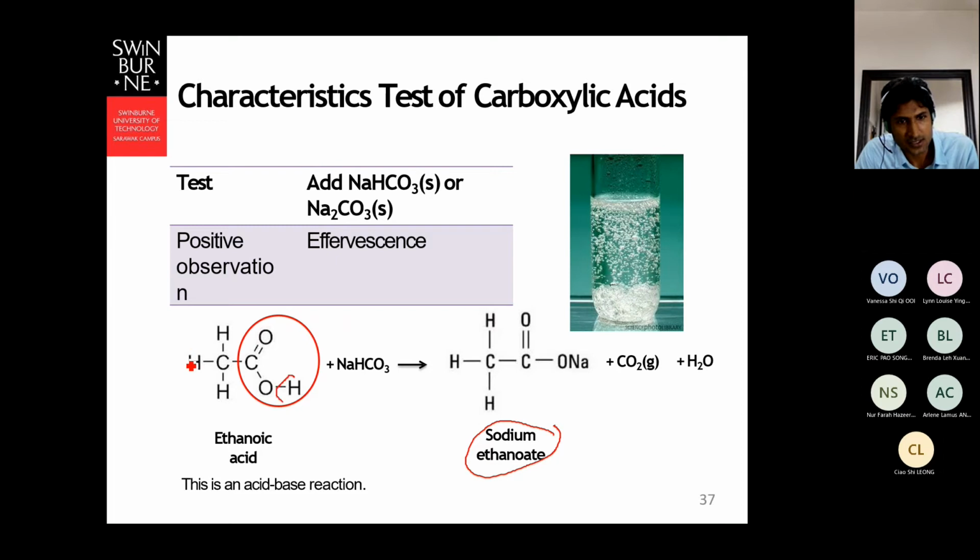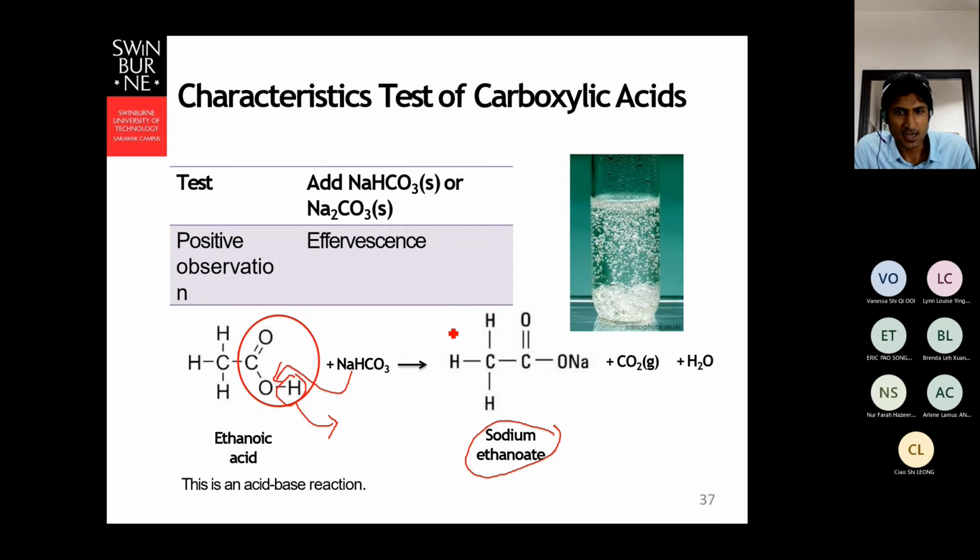The hydrogen goes away from here and sodium attaches to this oxygen. So this is sodium ethanoate from ethanoic acid. If it's propanoic acid, sodium propanoate. If it's butanoic, sodium butanoate. And this is a salt of sodium.